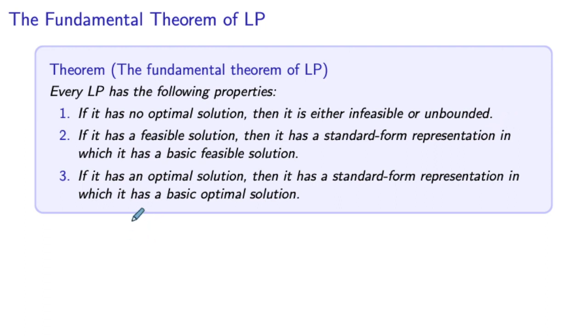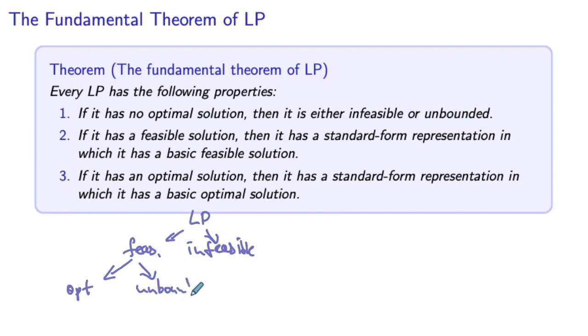The way we classified LPs before was we said, okay, an LP can be either feasible or infeasible, right? Then if it is feasible, it can be either optimal or unbounded. We also further subdivided the optimal case into two subcases where you have a unique optimum and then you have infinitely many optima, right?